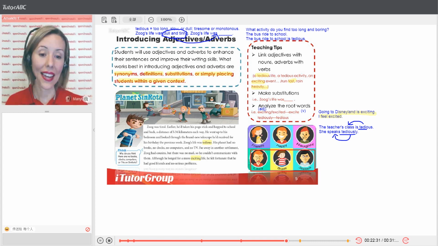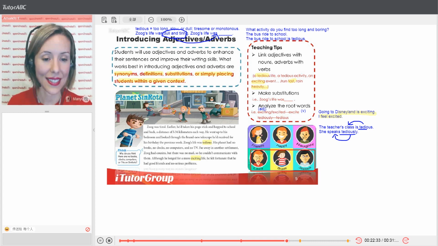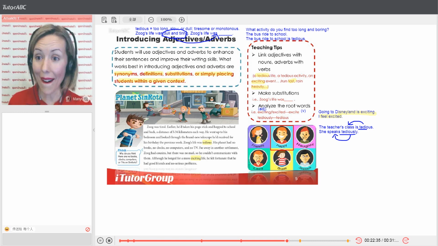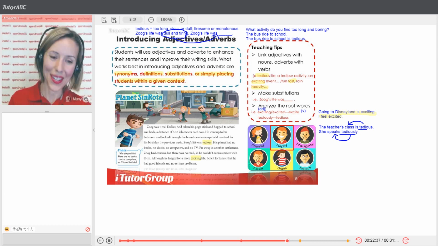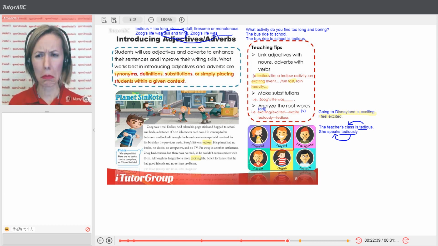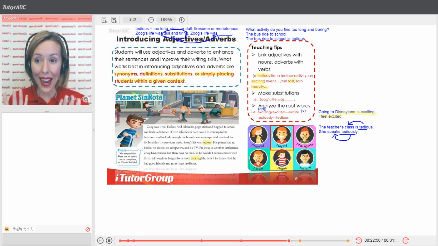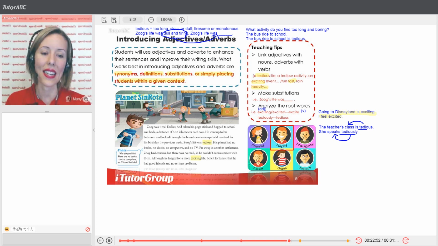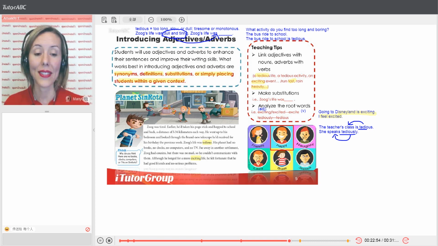And we can even teach these to low-level students using TPR, right? Happy, sad. So we can teach adjectives to low-level students. We can still use TPR. We can use props. We can use pictures. Not every adjective lends itself to this, but those low-level adjectives and adverbs may.